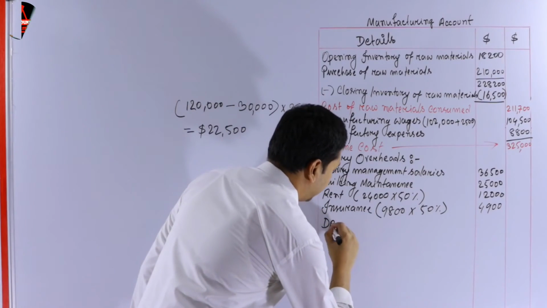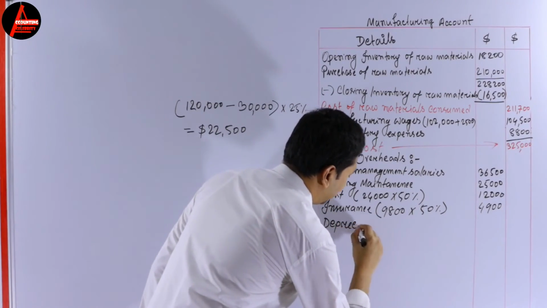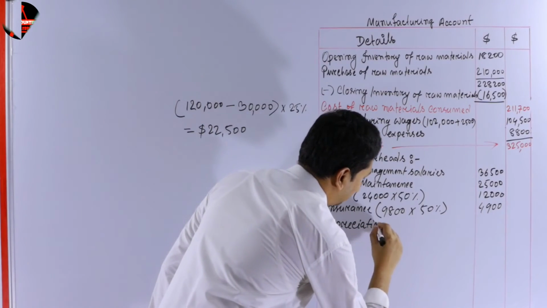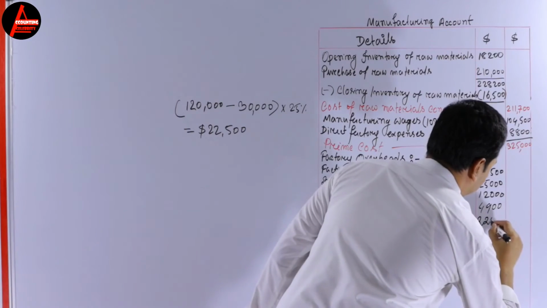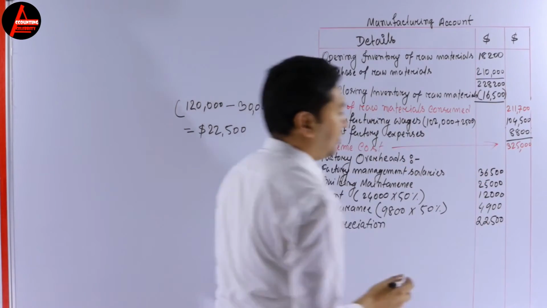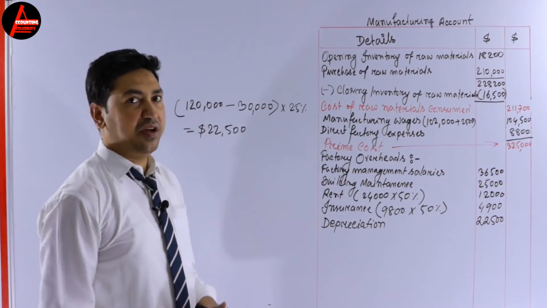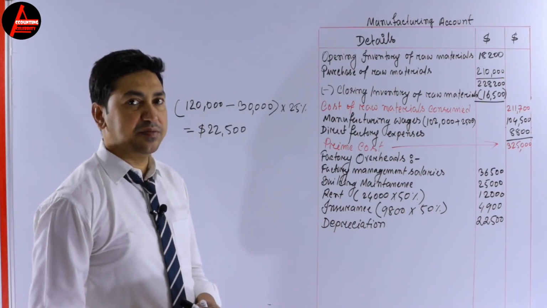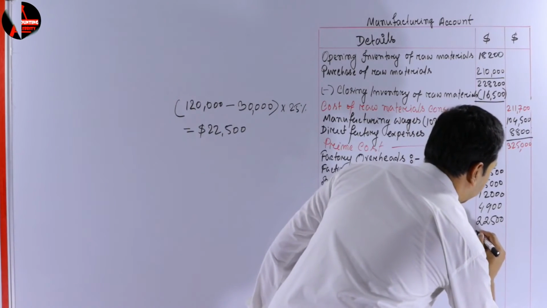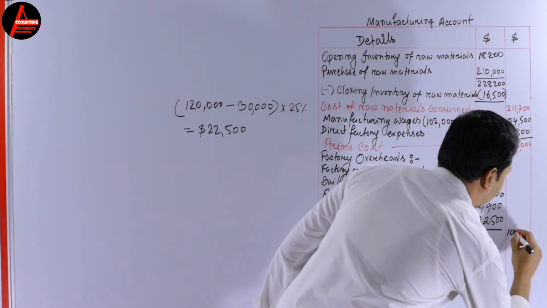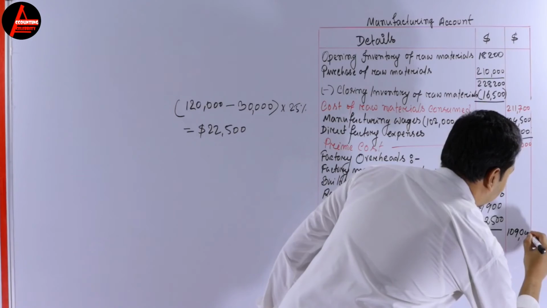So let us write here depreciation, $22,500. These are the items we have in the question. Now if we add all these items, it is $109,000.